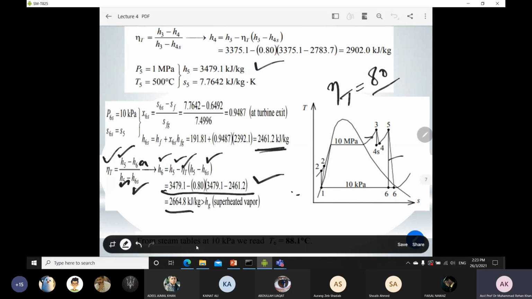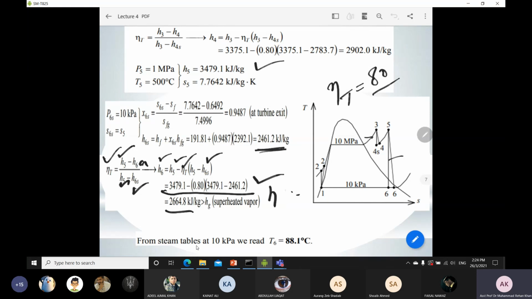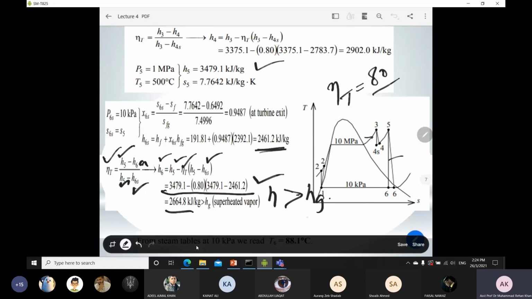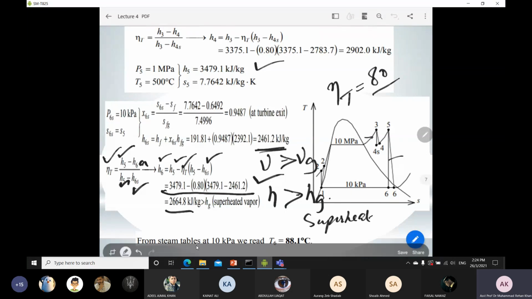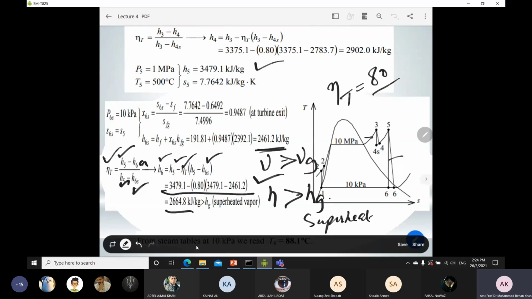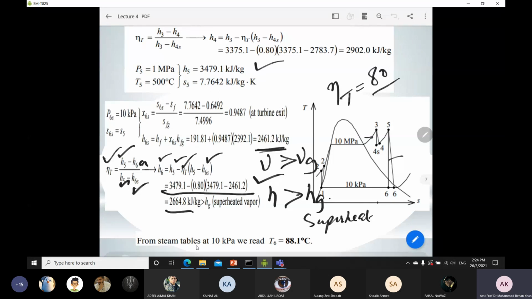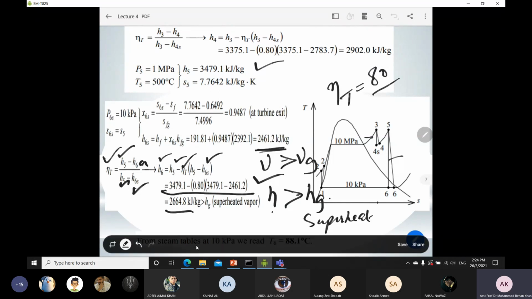First you have to judge it using your thermodynamics 1 analysis: if your enthalpy is greater than the enthalpy at the saturated vapor state, it means it will be in the superheated region. The same applies if your specific volume is greater than the specific volume at g, then it is also a superheated one. This is one check by which you can analyze whether it is a superheated vapor or not.